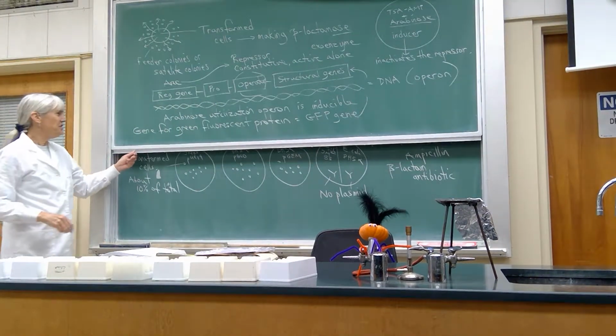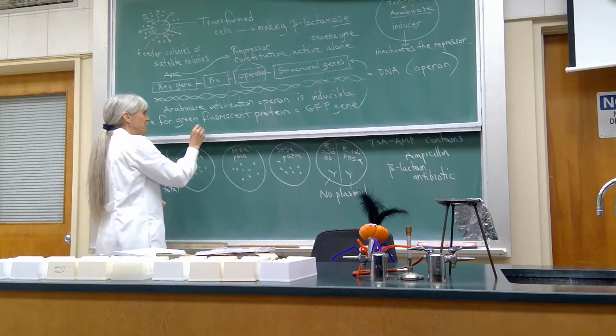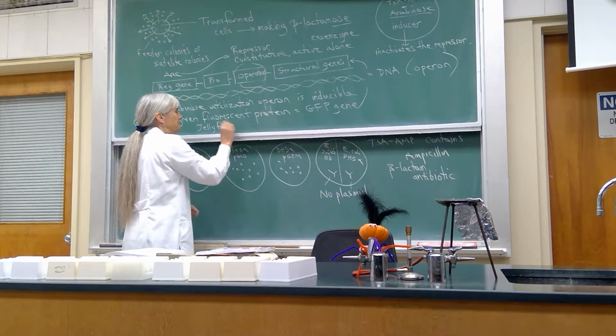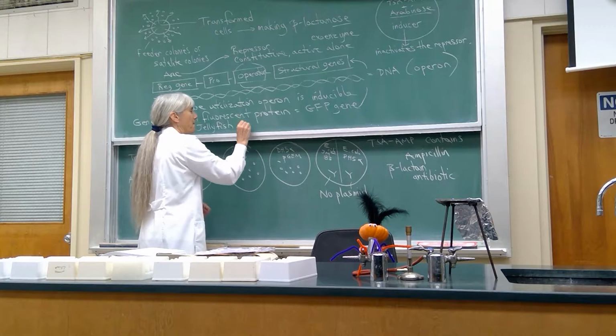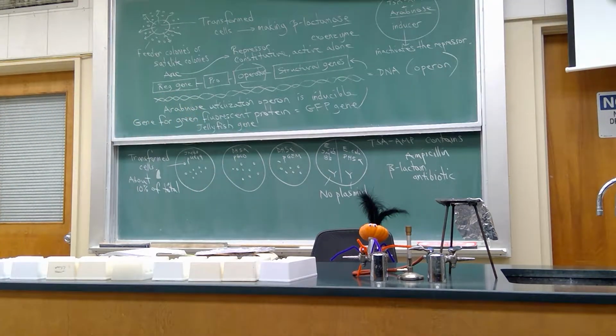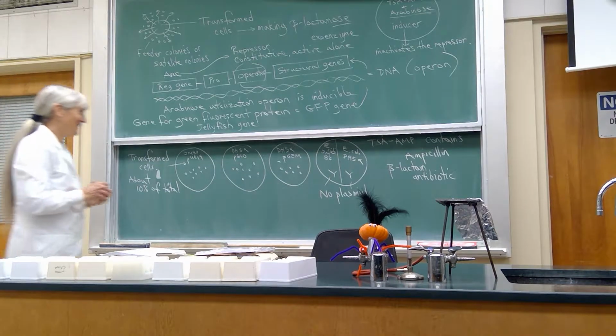It turns out that the gene for green fluorescent protein comes from a jellyfish. Is a jellyfish eukaryotic or prokaryotic? This is a really hard question. Eukaryotic.